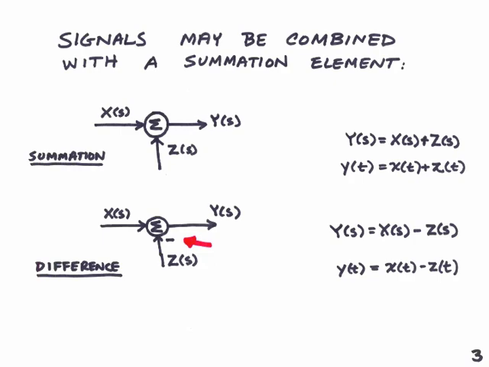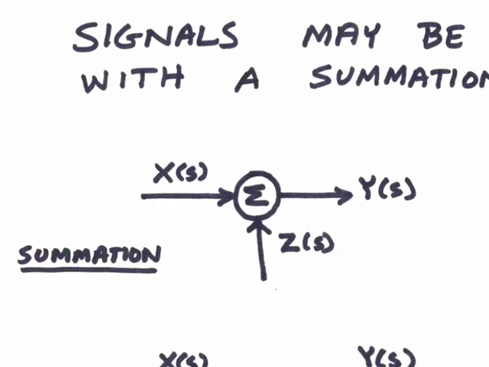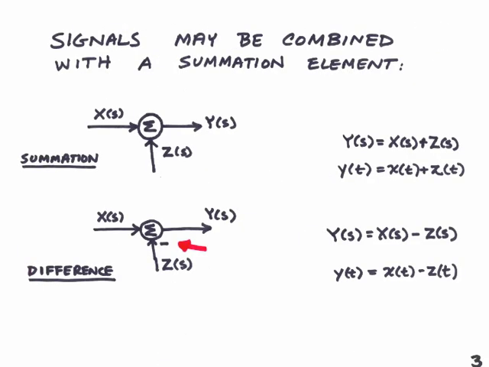The summation block shown here adds together the signals X of S and Z of S to produce Y of S. So this element represents the equation Y of S equals X of S plus Z of S. Of course, we can inverse Laplace transform this and find Y of t is equal to X of t plus Z of t. So this indicates the signals are added together at each and every time to produce the output signal Y of t.